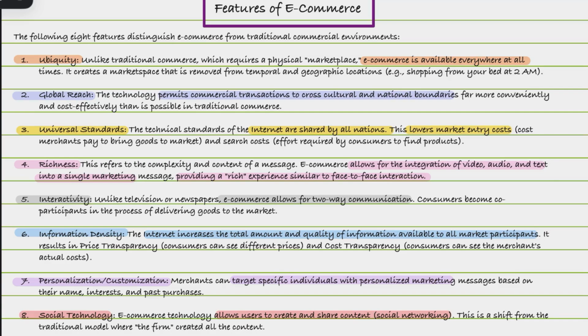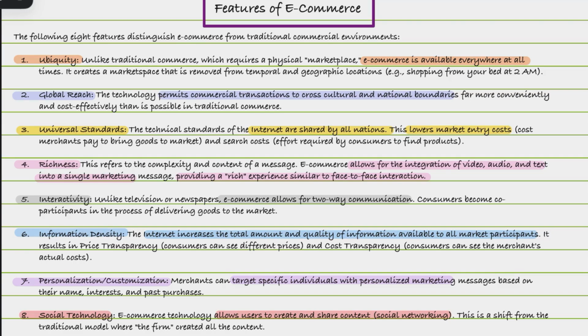Next is richness. So what is richness? This refers to the complexity and depth of the marketing message. So you see what happens in traditional media. There's a TV with high sensory richness, but it reaches a passive audience, right?